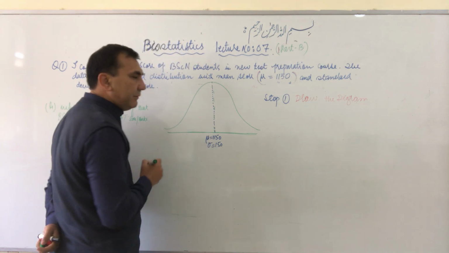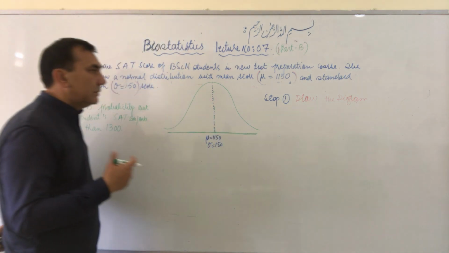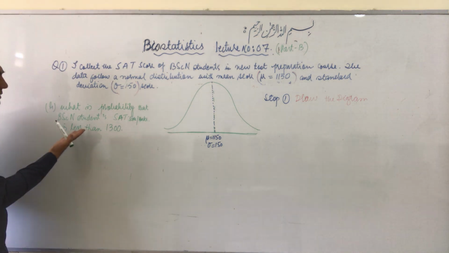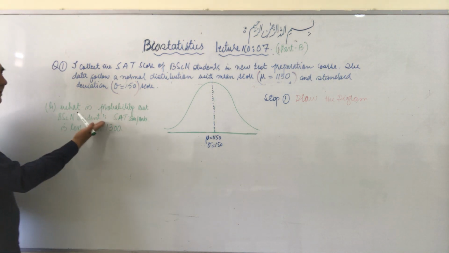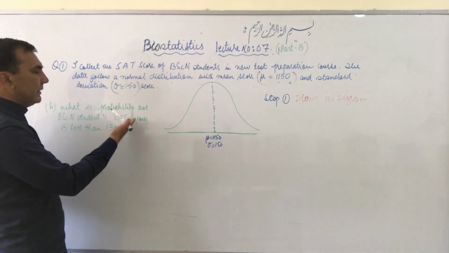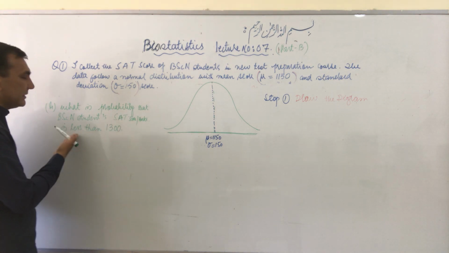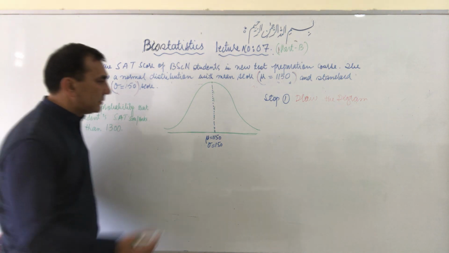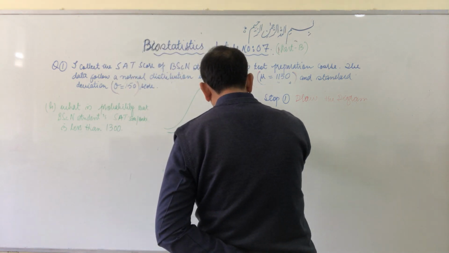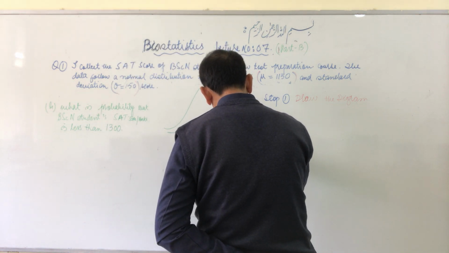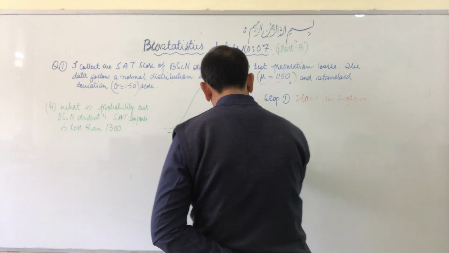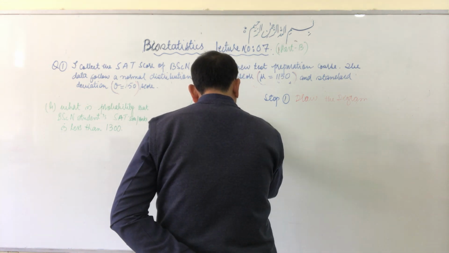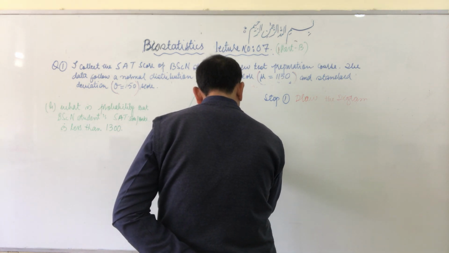Now sigma is 150. The question asks what is the probability that the BSN students' score is less than 1300 marks. So 1300 will come over here. This is 1300 marks.